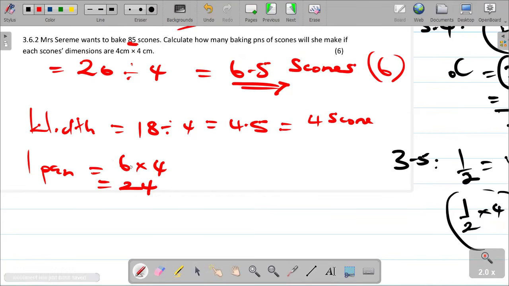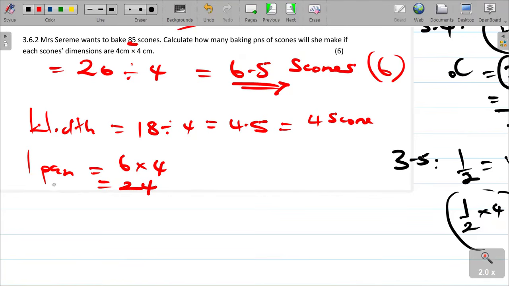And then the number of pans is 85 divided by 24, because one pan can give us 24 scones.